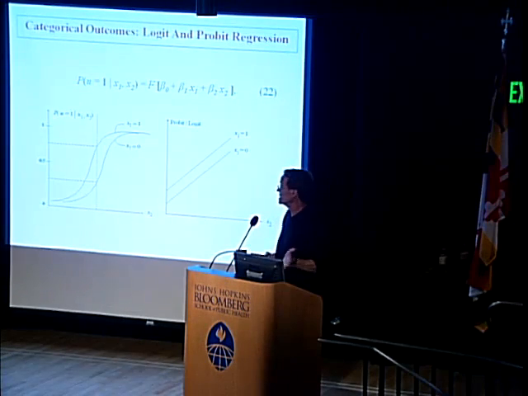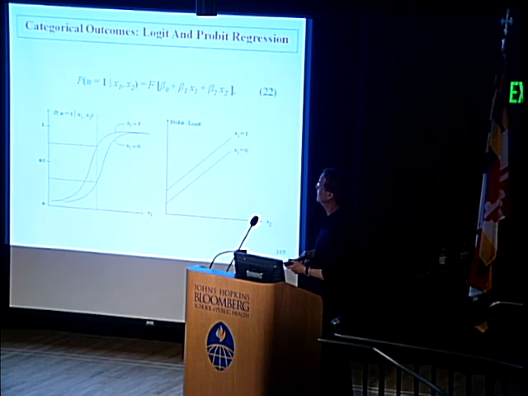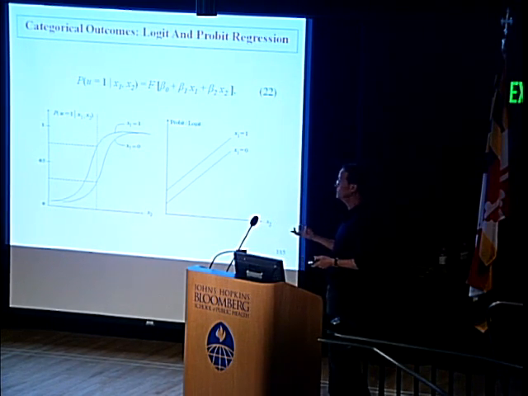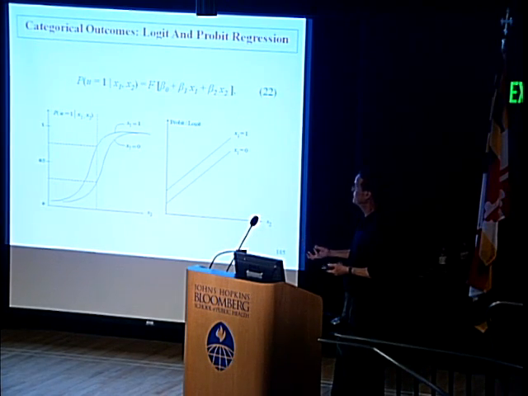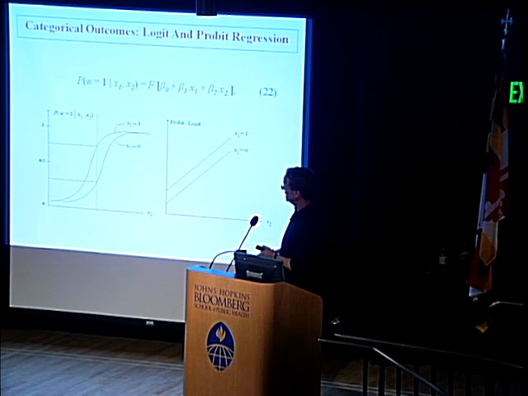We give everybody a chance, however, if they have sinned and not prepared for this, they still have a chance by looking at equation 22, which says the same thing as the picture on the right here, these S-shaped curves. So instead of having a model that predicts values of a continuous outcome like y, we're going to talk about a model that predicts probabilities, and probabilities for a categorical binary variable, dichotomous variable.